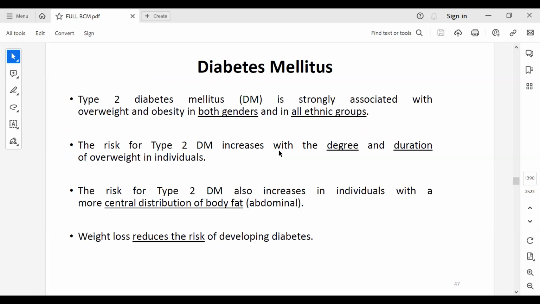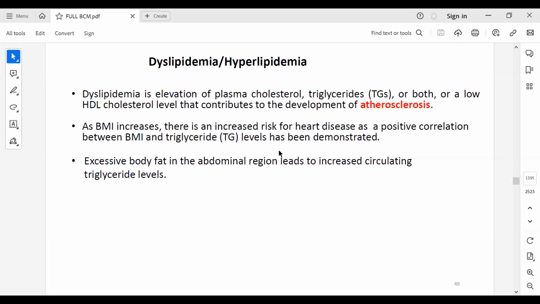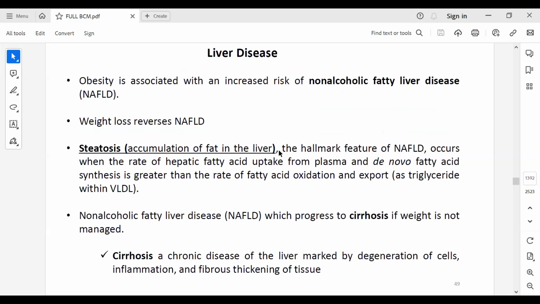Diabetes mellitus, we already know, is type 2 diabetes, whereby there will be increased levels of sugar in your blood. Dyslipidemia, hyperlipidemia will also put you at risk of atherosclerosis, and this can lead to other diseases. Obesity also leads to increased risk of non-alcoholic fatty liver disease.